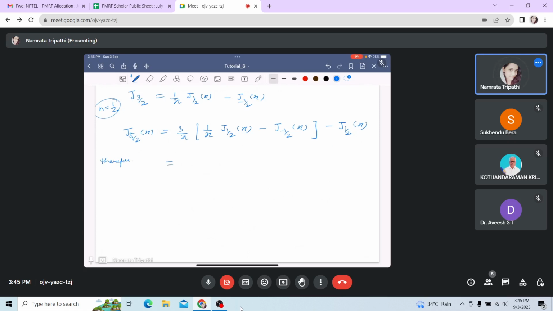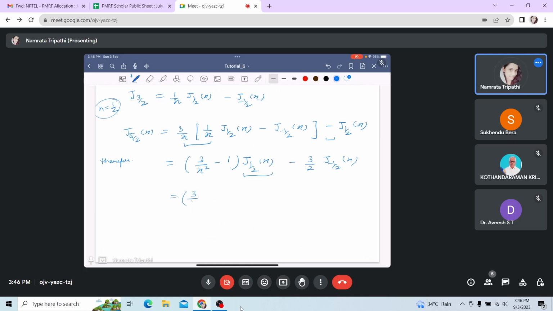So if we take z1 by 2 outside and multiply this term, you will get... so what will be the value of z1 by 2?